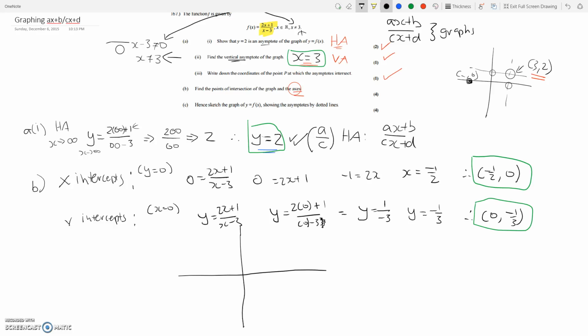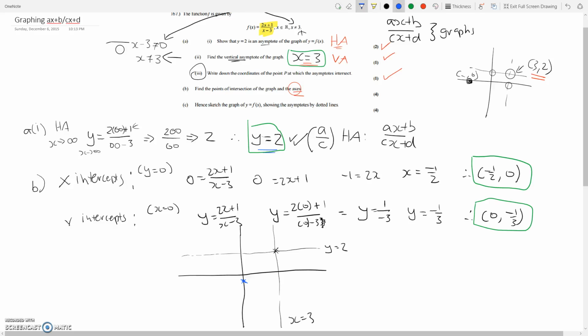So we can label y equals 2, which would be somewhere here. That's y equals 2, and that's a horizontal asymptote. And let's say x equals 3, which would be somewhere here.